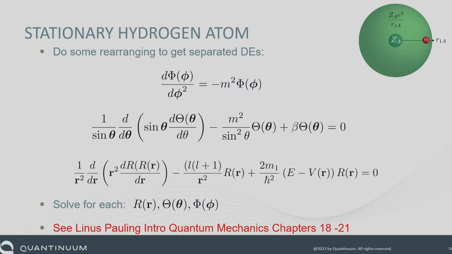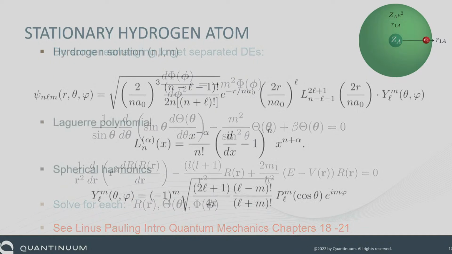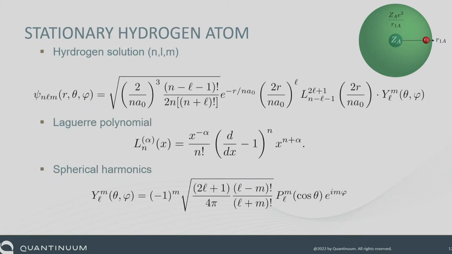Now you can solve these using some quite intense differential equation methods. I've jumped a lot of steps here, but in summary, you get this as the solution of that product equation.